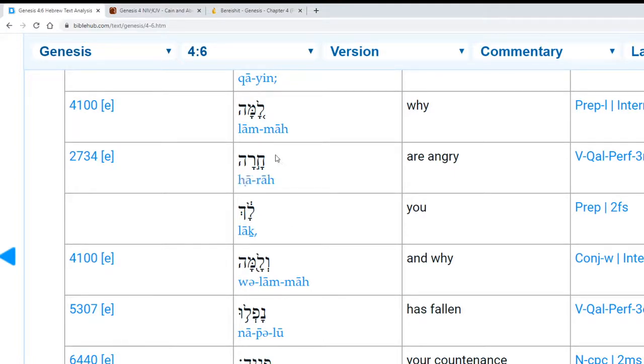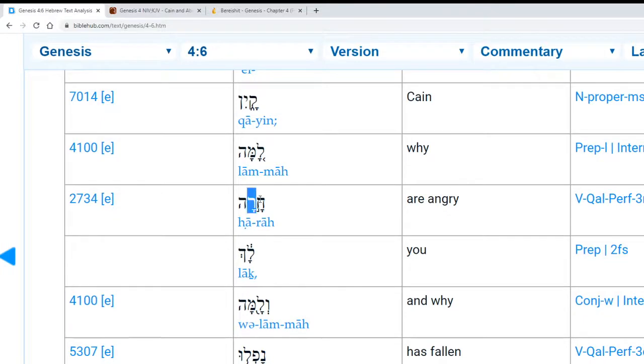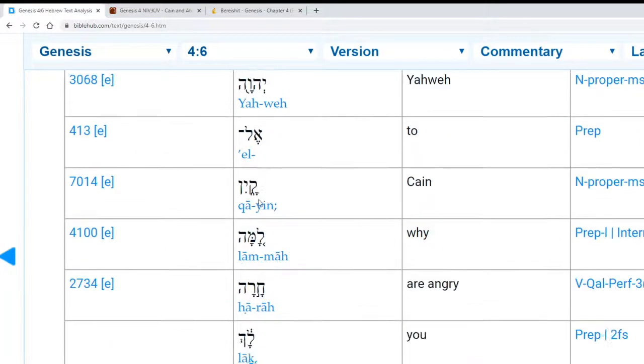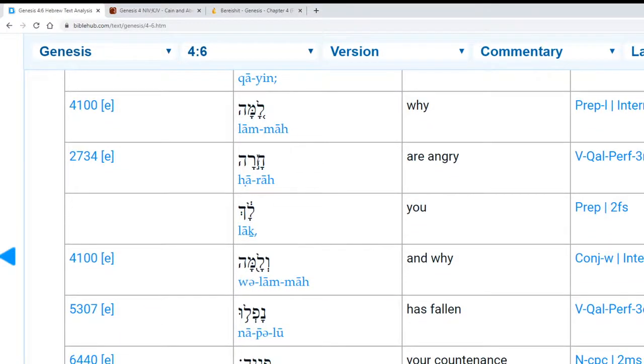So chara lach. So why chara is the right charon? We had veichar, right? So same verb, and I would say het resh hey again. Kal perfect is usually the form where you want to understand the three-letter roots.